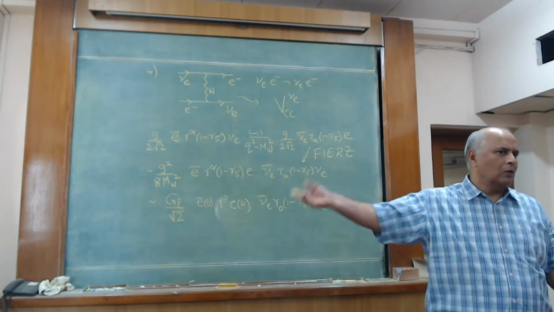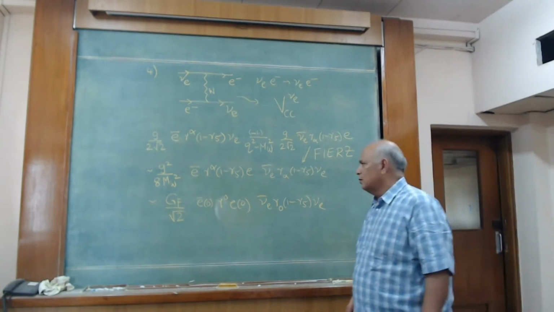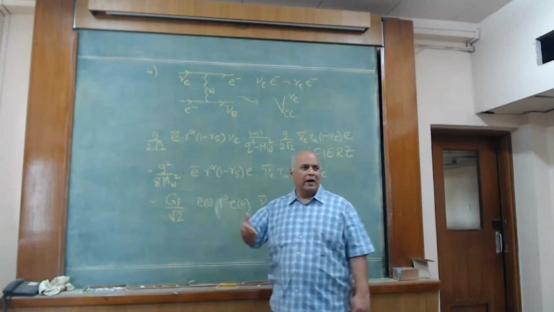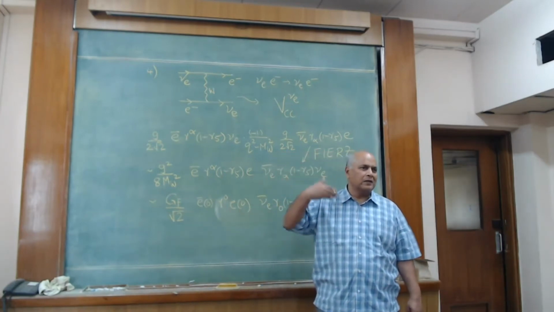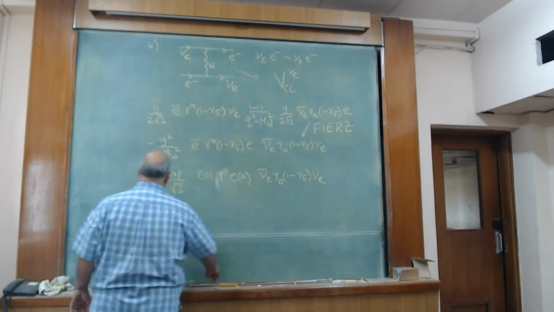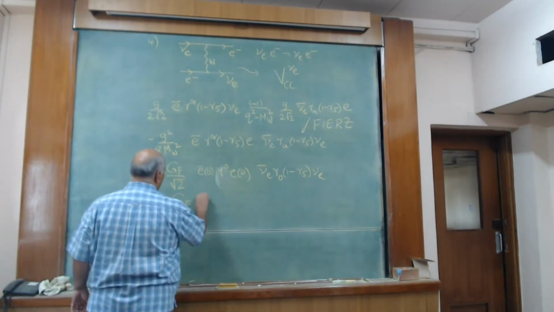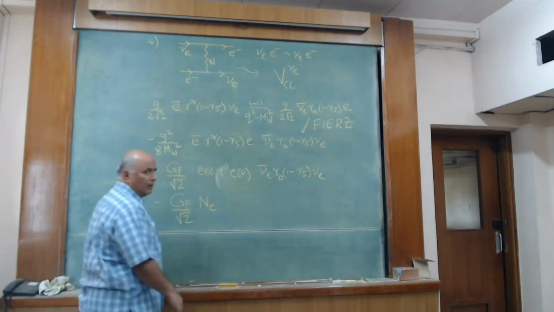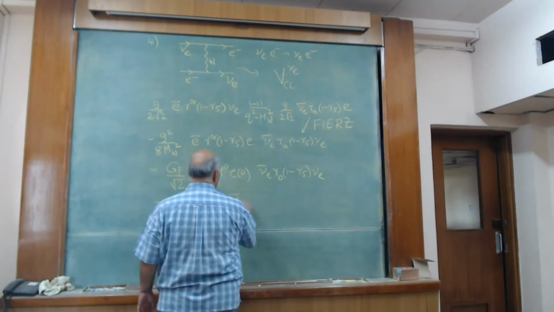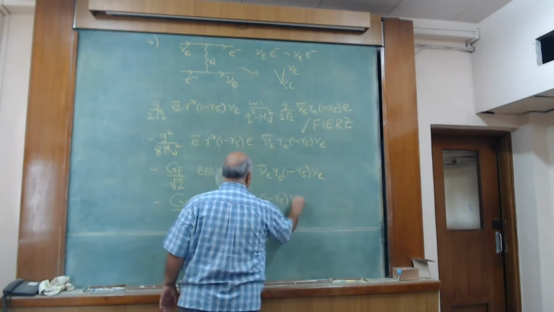If you look at the second quantization of a Dirac field, you find that the expectation value of e dagger e is the number density of the electrons. So this is G_F by root 2 times the number density of the electrons times nu_e bar gamma 0 (1 minus gamma 5).